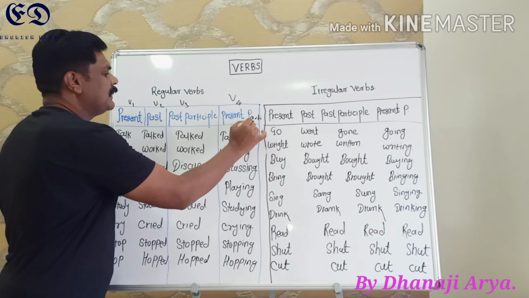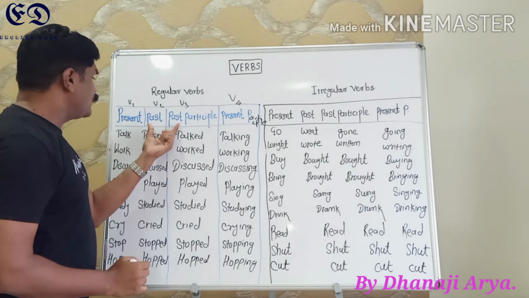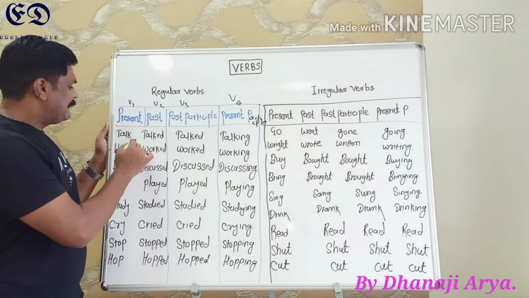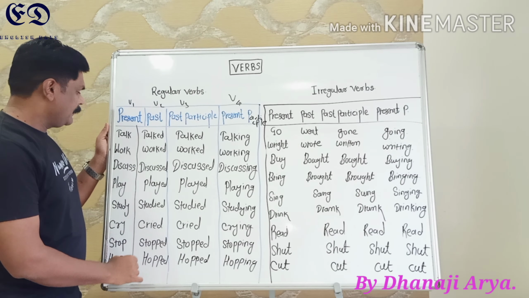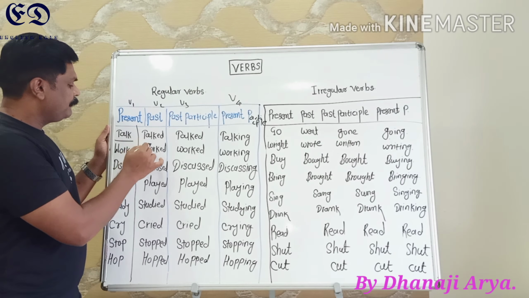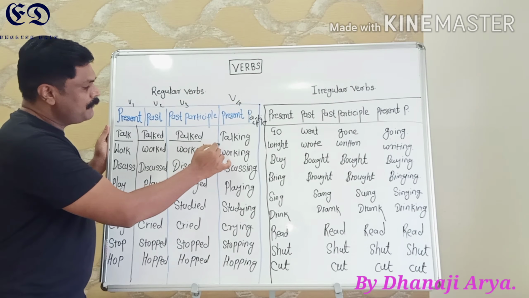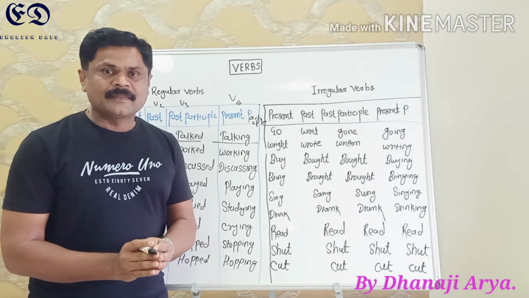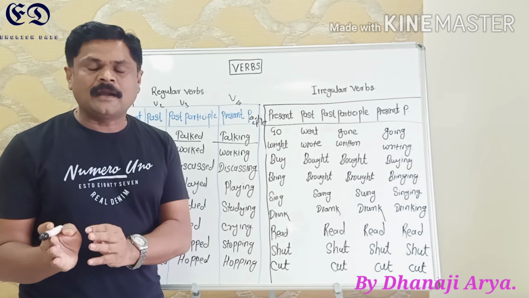This is the past participle form. So these are the 4 forms of the verb. This is the first form, second form, third form, and this is the fourth form. So how do we identify regular or irregular?